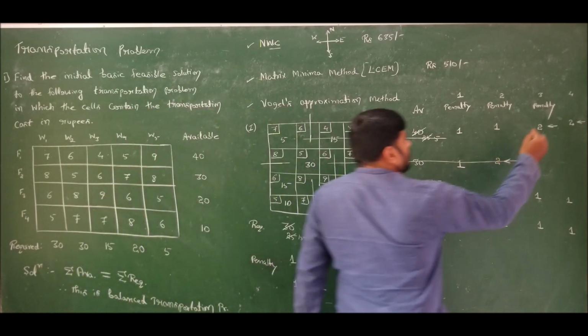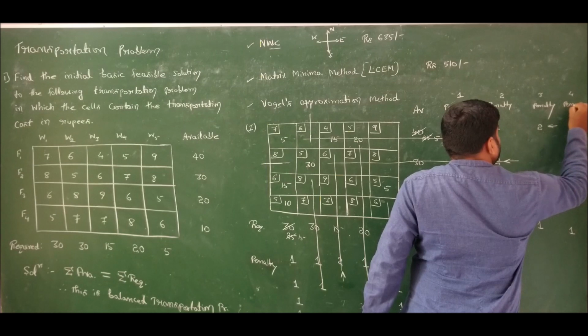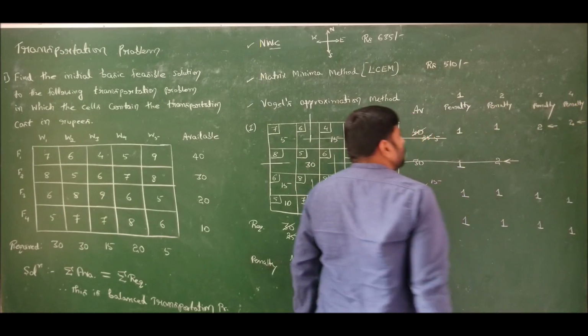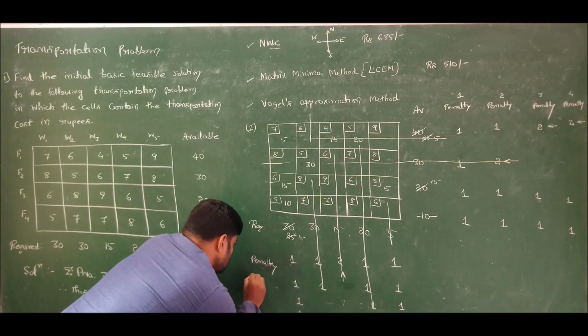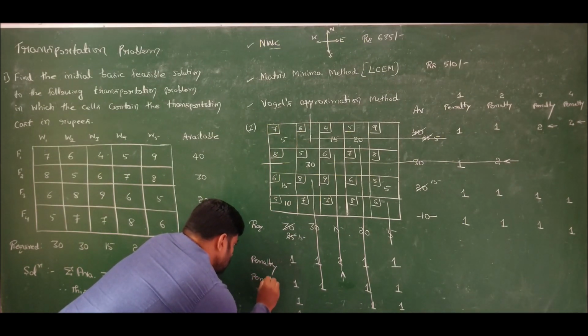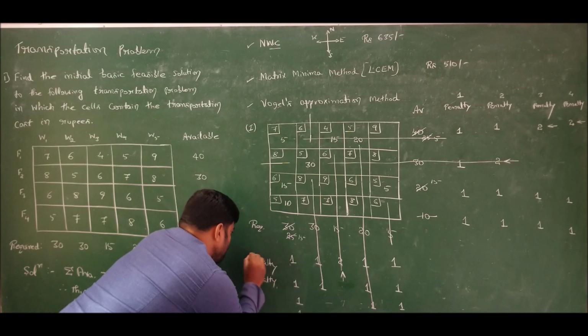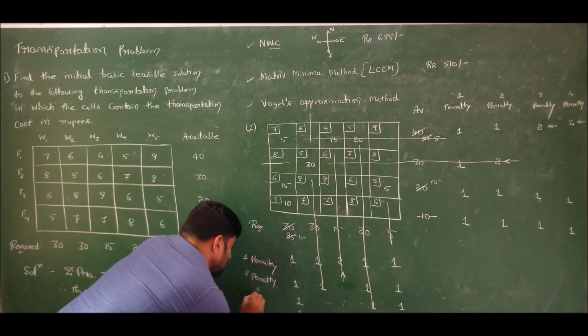So this is the 4th step penalty. Penalty in 4th step. So we have penalty of first step, second, third and 4th step.